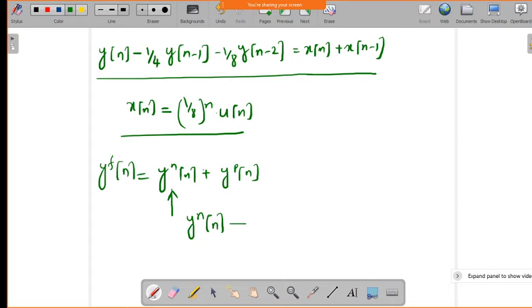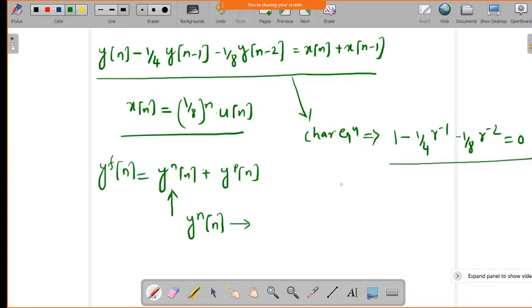Find the characteristic equation: 1 minus 1 by 4 into r power minus 1 minus 1 by 8 into r power minus 2 equals 0. Now find the roots of this equation, r1 and r2. So what are the roots?